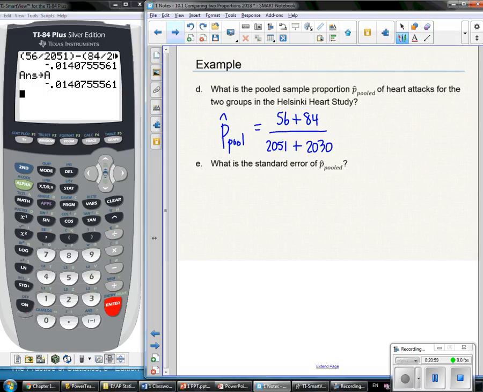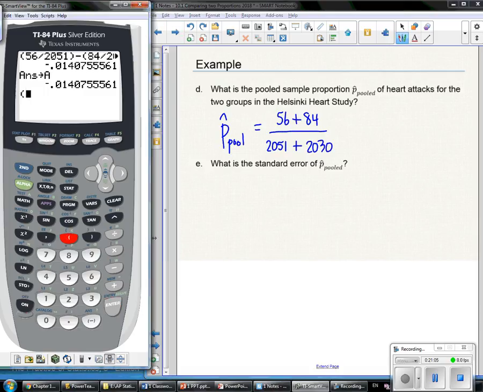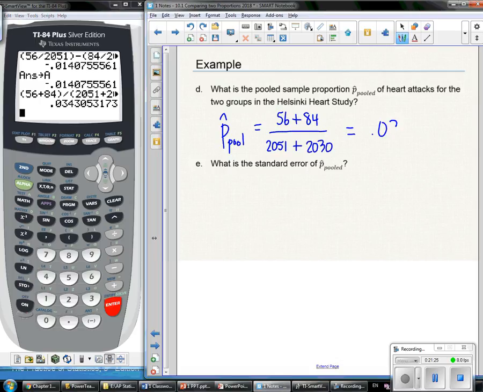And so that's how I'm going to pool. I'm just going to take the total number of successes and divide that by the total number in both samples. So when I pool these together, I'm going to have 56 plus 84, and I'm going to divide that by 2,051 plus 2,030. Notice that I'm not adding the two fractions. I'm taking the total successes and dividing by the total in both of my samples. So my pooled proportion is 0.0343.